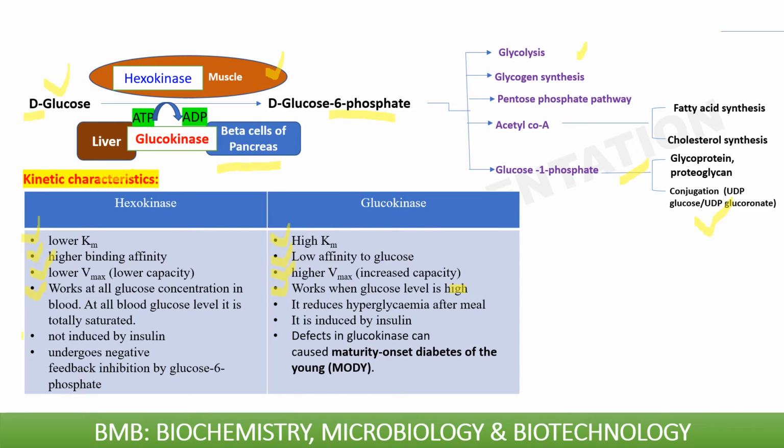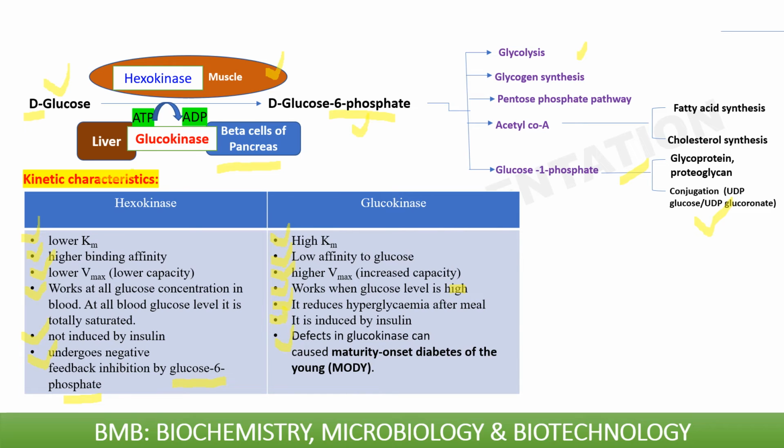Hexokinase is not induced by insulin, but glucokinase is induced by insulin hormone. Glucokinase reduces hyperglycemia after meal. Hexokinase undergoes negative feedback inhibition by glucose 6-phosphate, that is the product of this reaction.